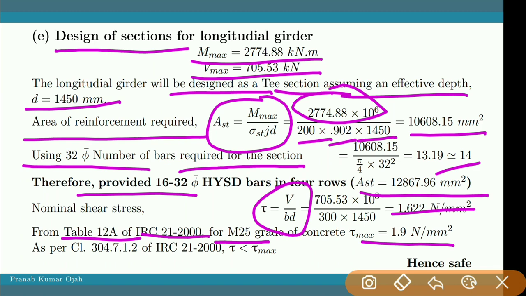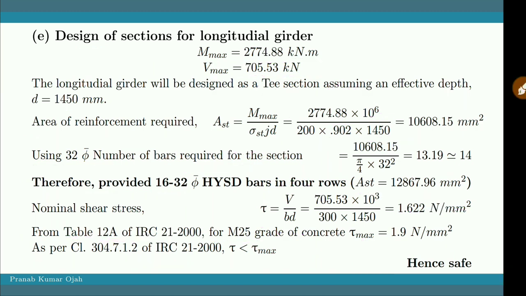So as per clause 304.7.1.2 of IRC 21/2000, tau is less than tau max, hence safe. Always the tau should be less than tau max.